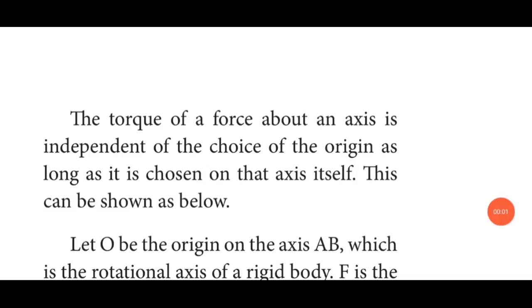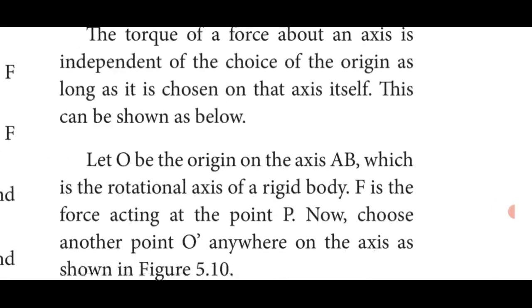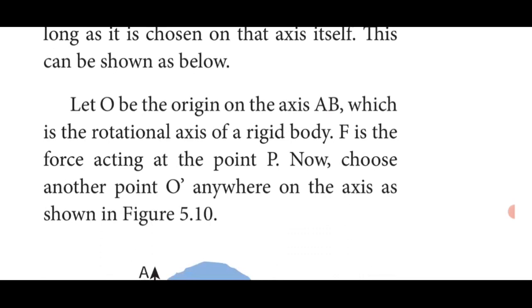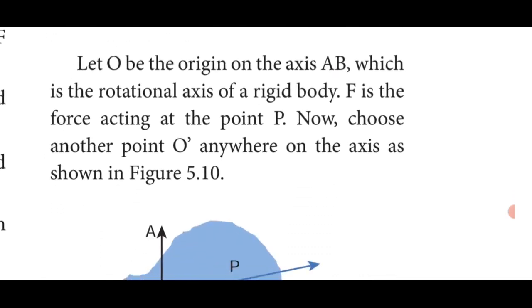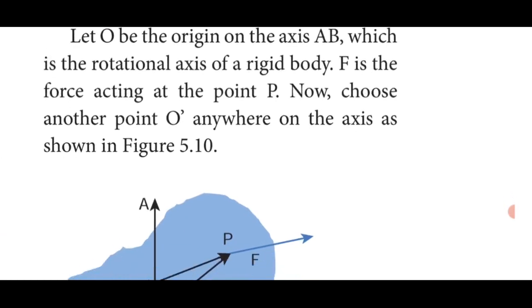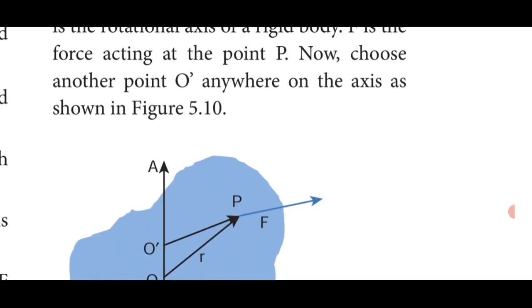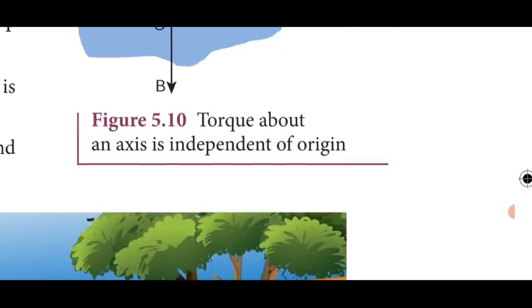The torque of a force about an axis is independent of the choice of the origin, as long as it is chosen on that axis itself. It can be shown as below. Take the origin on the axis AB, which is the rotational axis of the rigid body, with the force acting at a point P. Now choose another point O dash anywhere on the axis, as given in the diagram.